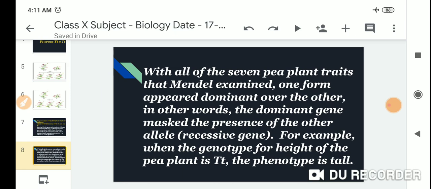This applies to all of the seven pea plant traits that Mendel examined. One of the pair dominates over the other. In other words, the dominant gene masks the presence of the other allele, the recessive gene. For example, when the genotype for the height of the pea plant is capital T and small t, the phenotype is tall.